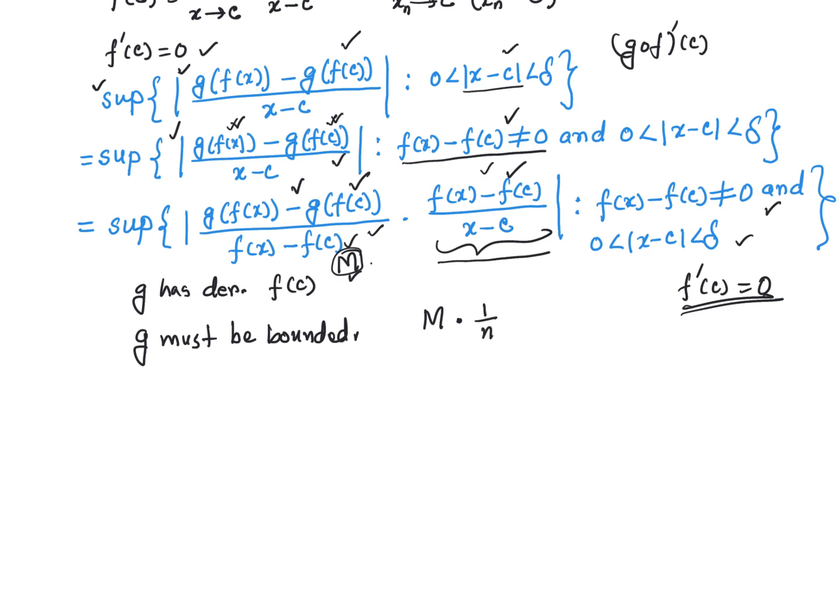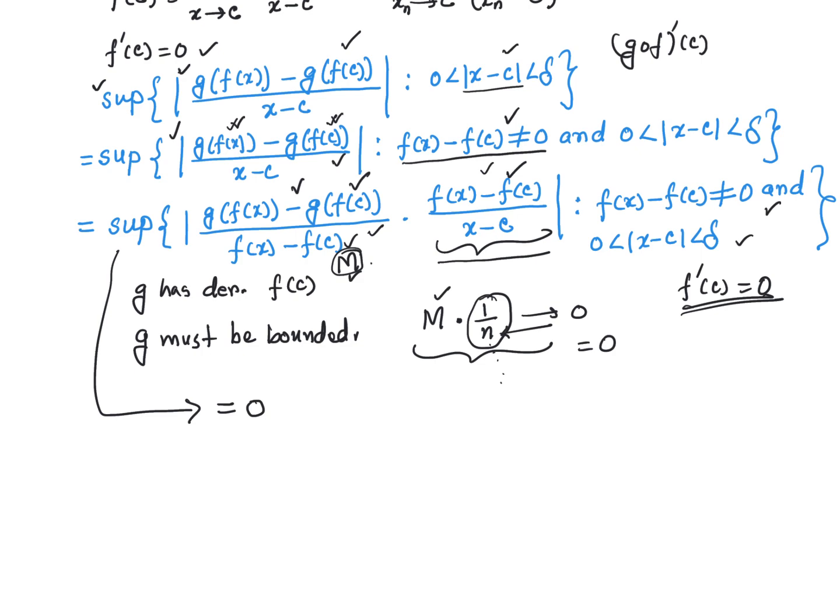Let's call it 1 over n, where n is an integer. This one doesn't change, but this one changes. So I can make it as small as I desire. 1 over n could be 1 over 2, 1 over 3, 1 over 4, 1 over 5, as small as I want. The limiting value of 1 over n is going to 0, which will force the entire expression to go to 0, which just tells me that this supremum is nothing but 0.